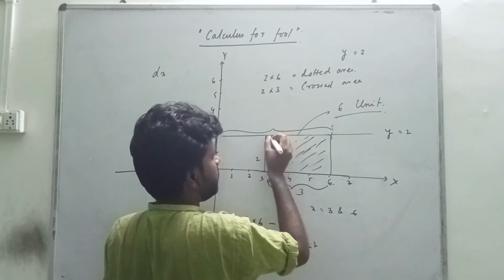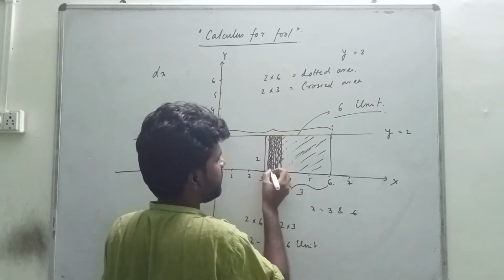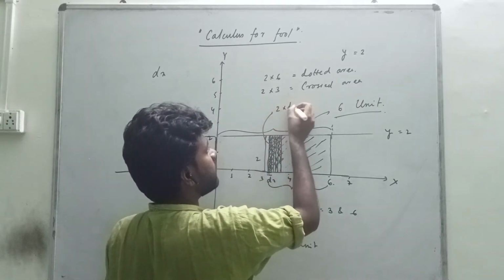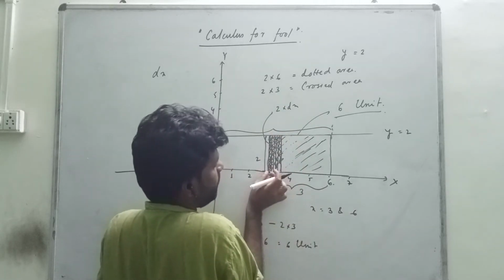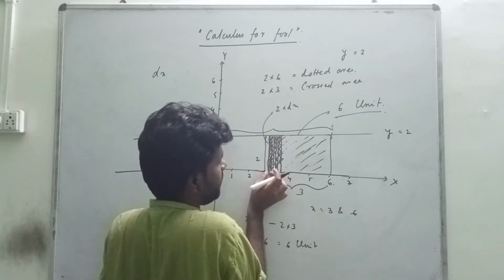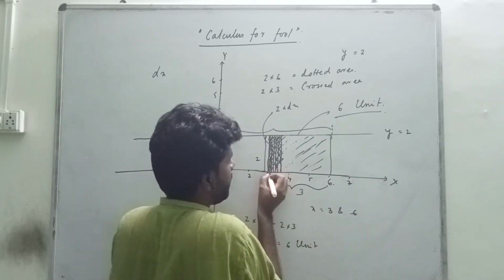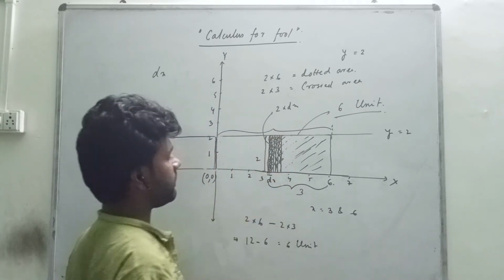And the smallest area will be 2 into dx, right? Because the height is 2 and this is a very small base, very small length. It is a big length x, it is a very small fraction of length, we call it dx.